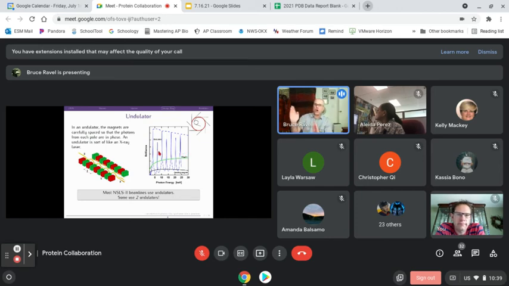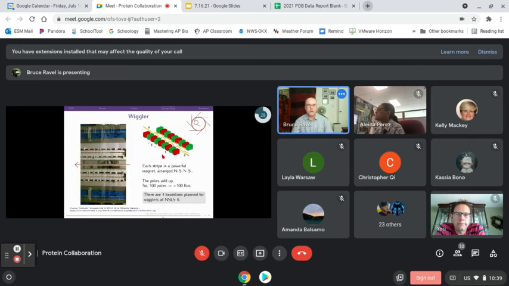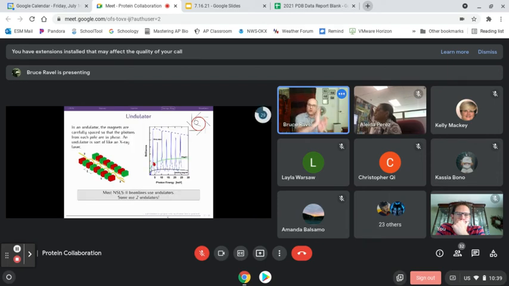You can control at what energy you see the enhancement by changing the separation. So by closing those jaws up and down to exactly the right spacing, you can move these peaks of enhanced flux of photons. You can put them at just the energy that you want.